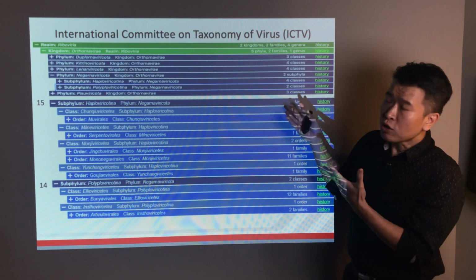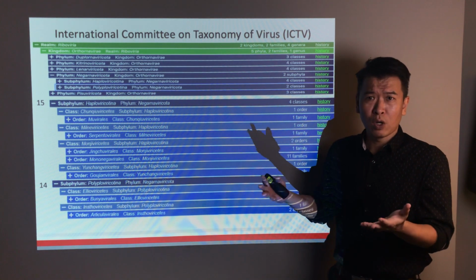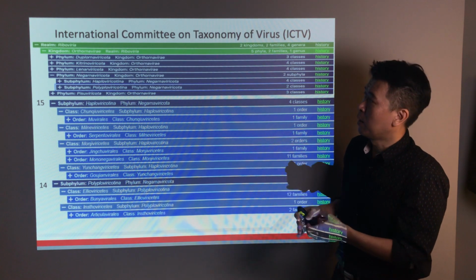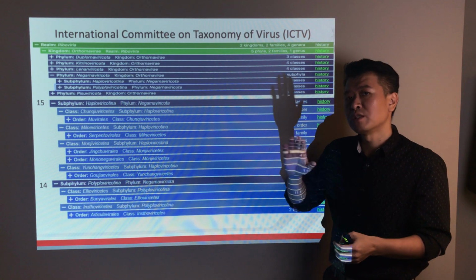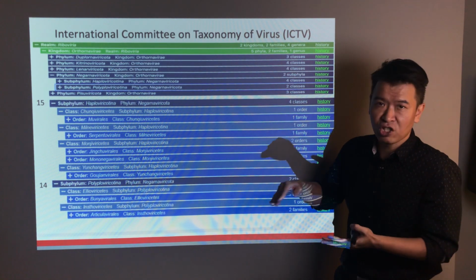This committee is responsible for the classification and all the taxonomy of viruses so far. When I was a student, the highest classification for viruses was just order.